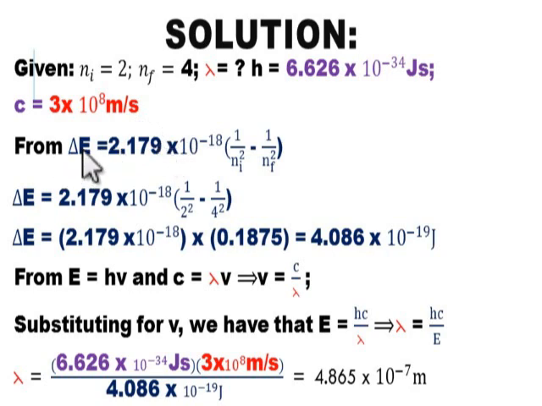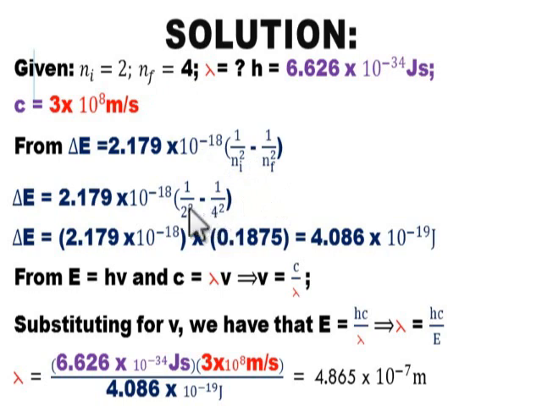From the equation that delta E is equal to 2.179 times 10 exponent minus 18, open bracket 1 over Ni squared minus 1 over Nf squared. If you substitute the values, they've given us Ni to be 2. So remove this Ni and put 2 here. That's how we got this 2 squared. Now, Nf is given to be 4. So remove the Nf and put the 4. So that's how we got this 4 squared.